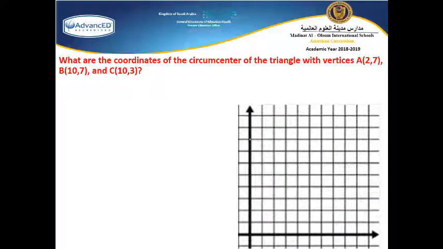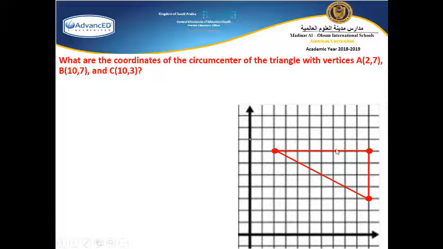In the same way, we will solve this problem. Here we have the given vertices of the triangle ABC. Let's graph each point. After graphing the three points and drawing this triangle, let's find the midpoint of the horizontal side and the vertical side.